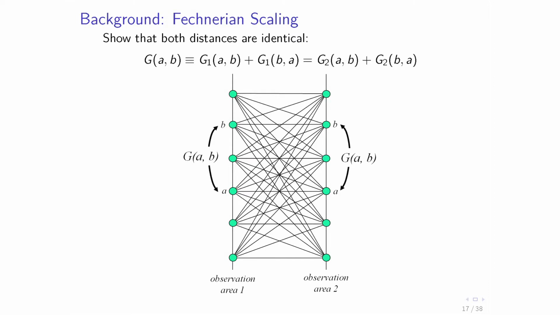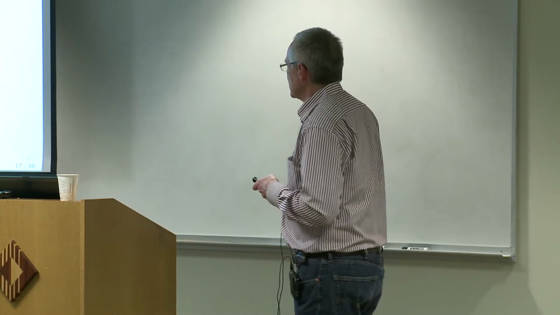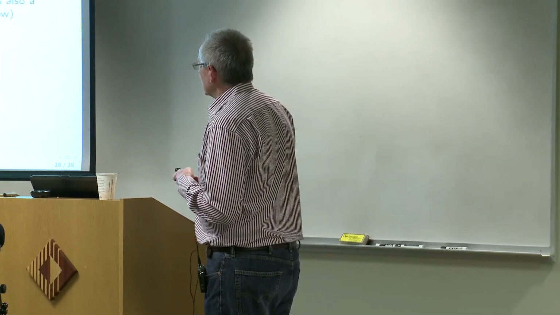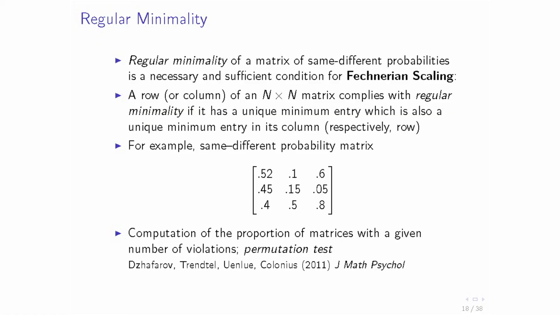When we have regular minimality, there will be one stimulus that is the smallest one, and this will be called the point of subjective equality of A with respect to the observation area 2, and it is of course symmetric looking at this from the other observation area. Okay, that's right now what I think all we need.